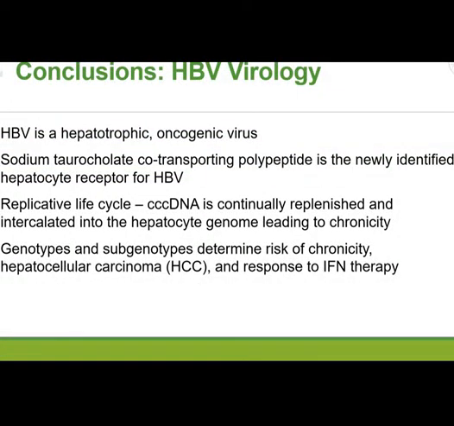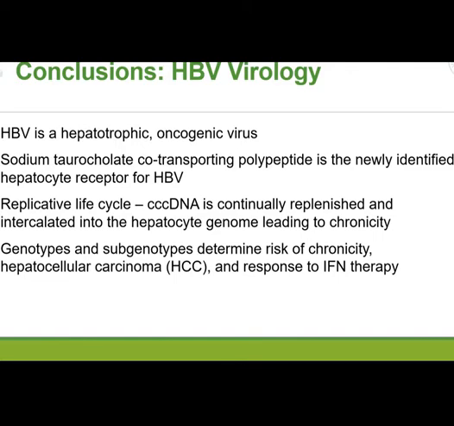So in this module, we have concluded that hepatitis B virus is a hepatotropic oncogenic virus. Sodium taurocholate co-transporting polypeptide is the newly identified hepatocyte receptor for the hepatitis B virus.